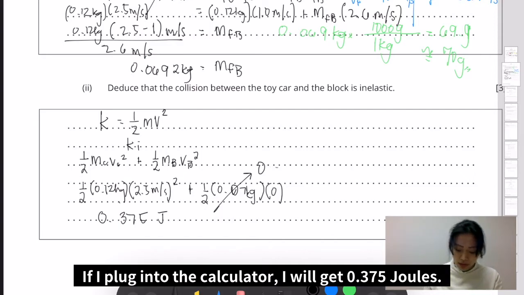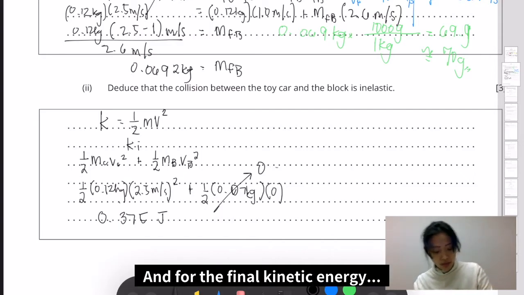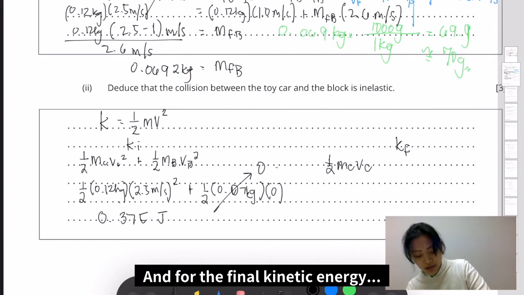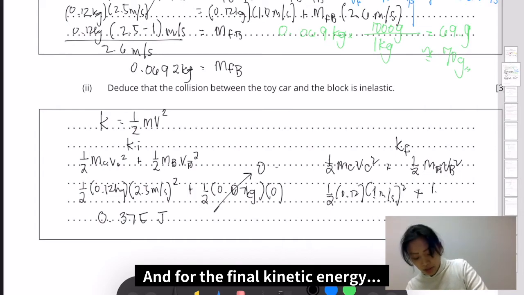And for the final kinetic energy, I would have 1/2 m car v car squared plus 1/2 m block v block squared. So it would be 1/2 times 0.12 times 1 squared plus 1/2 times 0.07 kilograms, and the final velocity is 2.6.